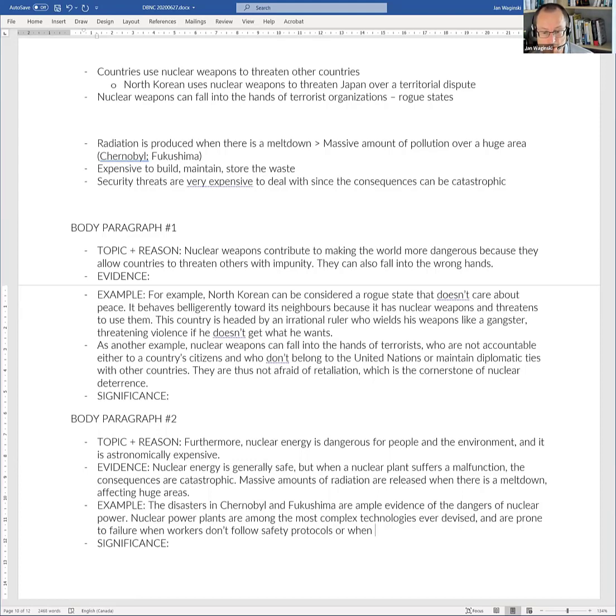I mean, in Fukushima, that power plant got hit by a huge wave, right?